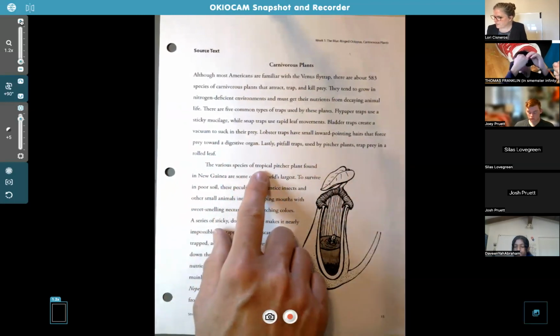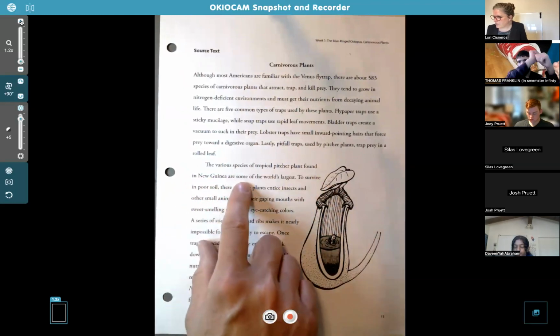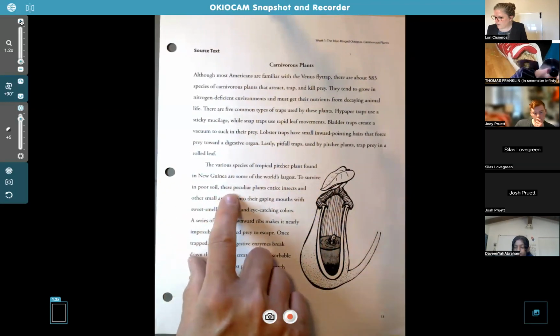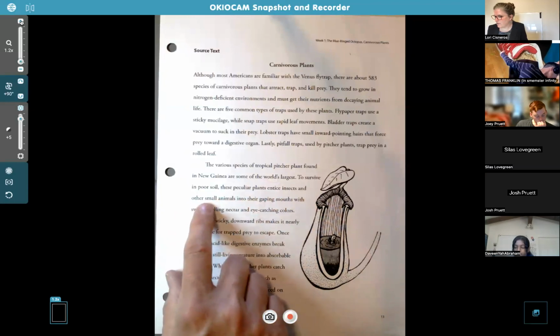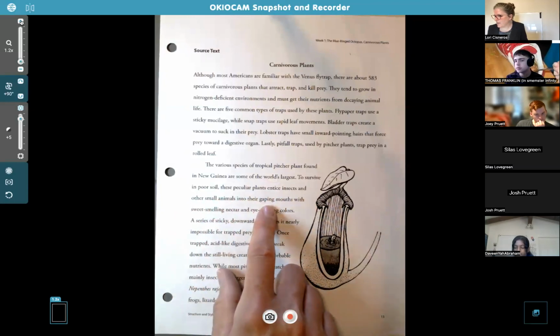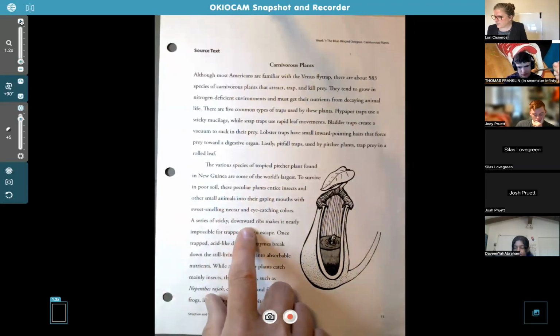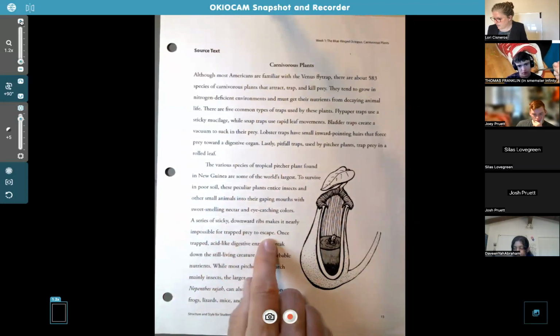The various species of tropical pitcher plant found in New Guinea are some of the world's largest. To survive in poor soil, these peculiar plants entice insects and other small animals into their gaping mouths with sweet-smelling nectar and eye-catching colors. A series of sticky downward ribs makes it nearly impossible for trapped prey to escape.